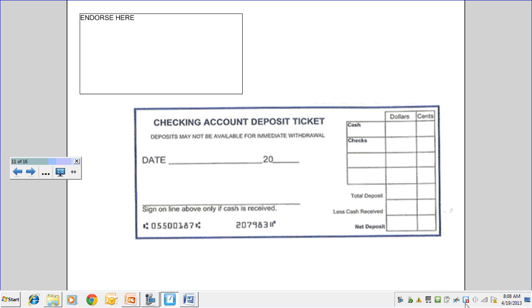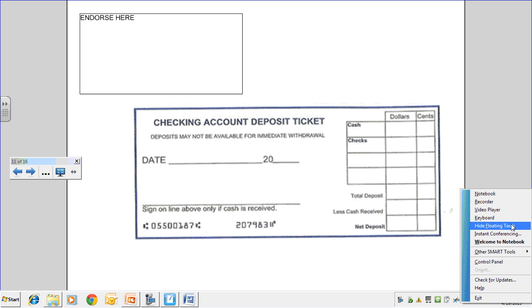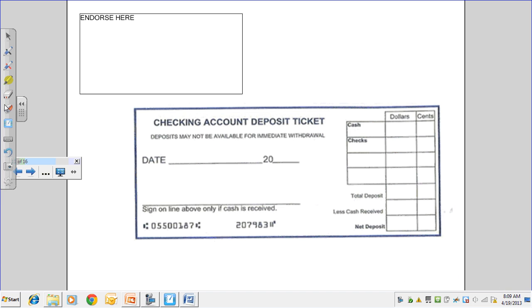You're depositing all of your check, which means that you're not going to take any money out. If you notice, on this deposit ticket, you have a place to write if you wanted to take money out. But for this problem, we're not going to do that.